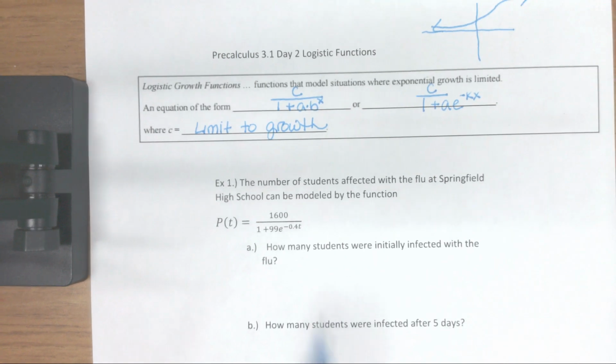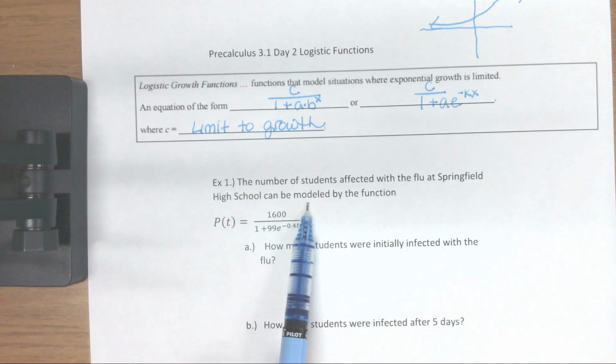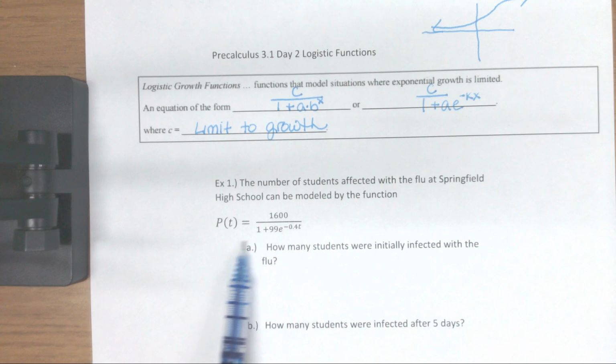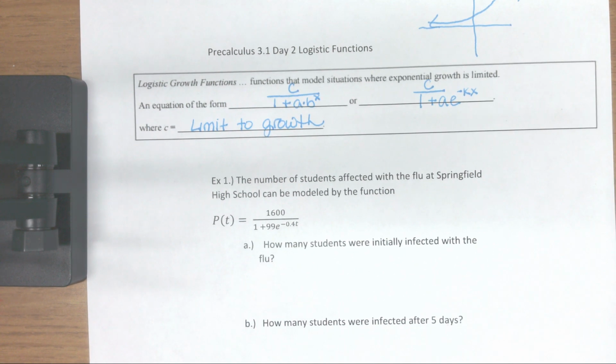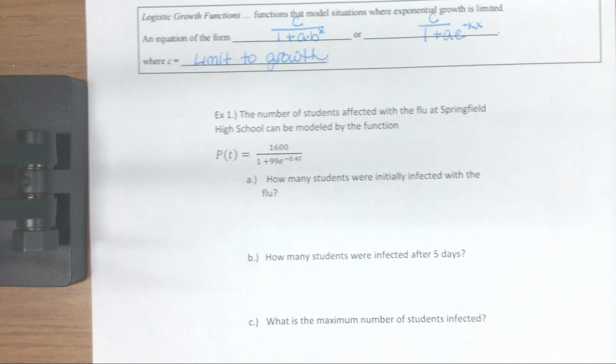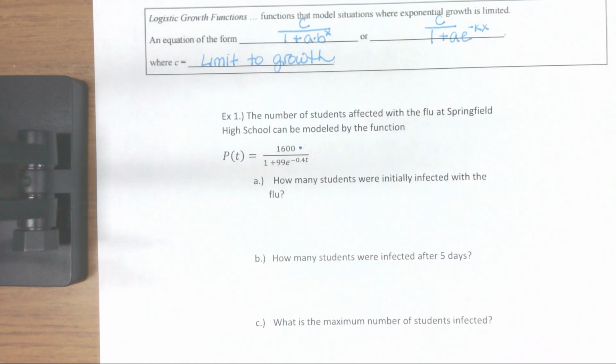The number of students affected with the flu at Springfield High School can be modeled by the function P of t equals 1600 over 1 plus 99e to the negative 0.4t. First of all, remember this number is my limit to growth. It is not the initial number. How do you find the initial number?